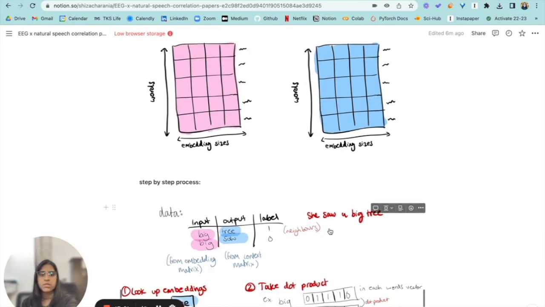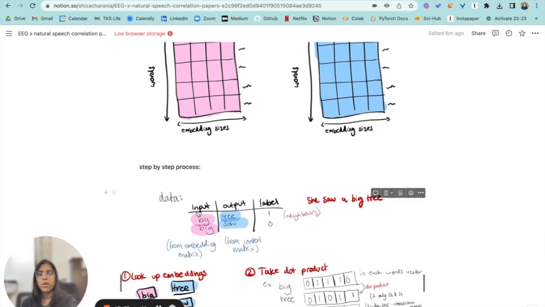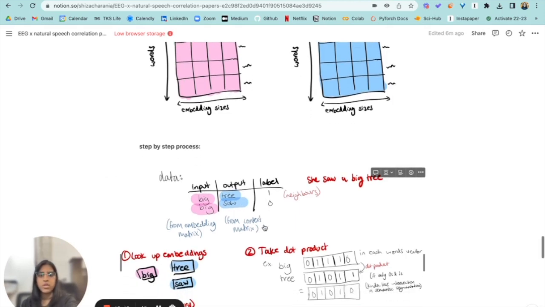So it could be she, saw, tree, and in this case, we're looking at tree and snow. Comparing the input and the output, if they're neighboring words, if they're next to each other, then the label that you give them is one. And if they're not next to each other, then the label that you give them is going to be zero. So this is just showing if they're neighbors or not.